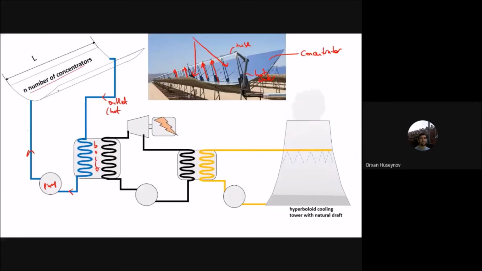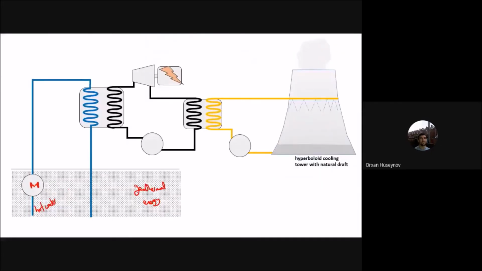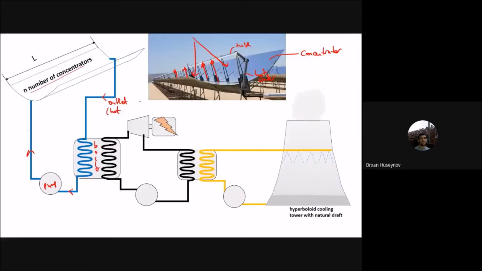Similar to this one, from the geothermal energy you get the hot water, and then by using the pump it goes back to the boiler, and you transfer back to the earth. Here again you have the heat transfer process within that boiler, and you get electricity in a manner similar to this one.